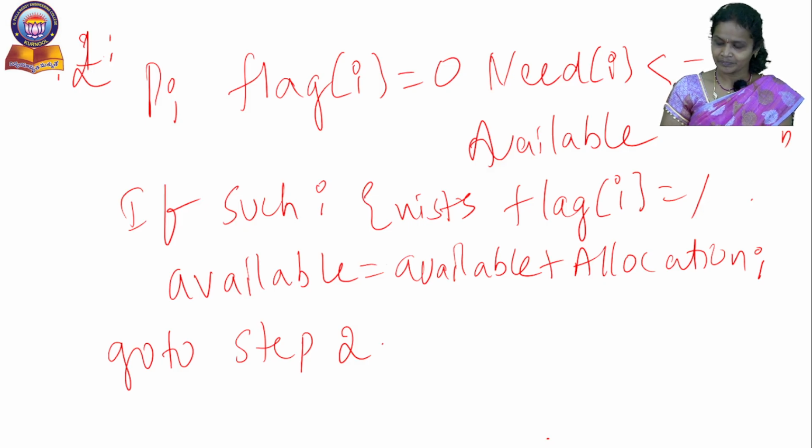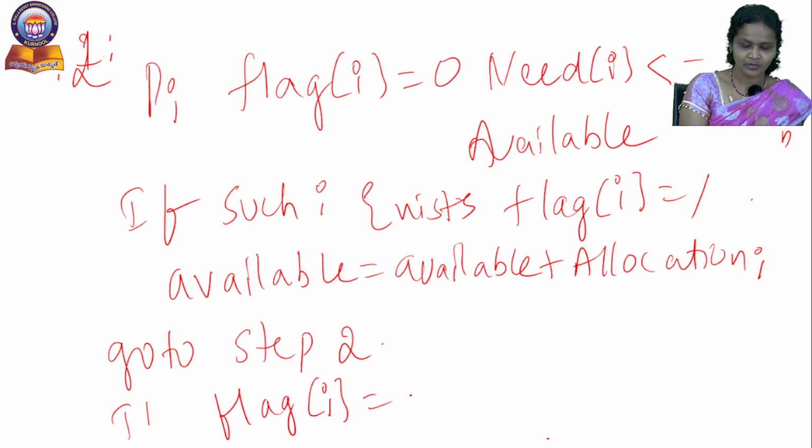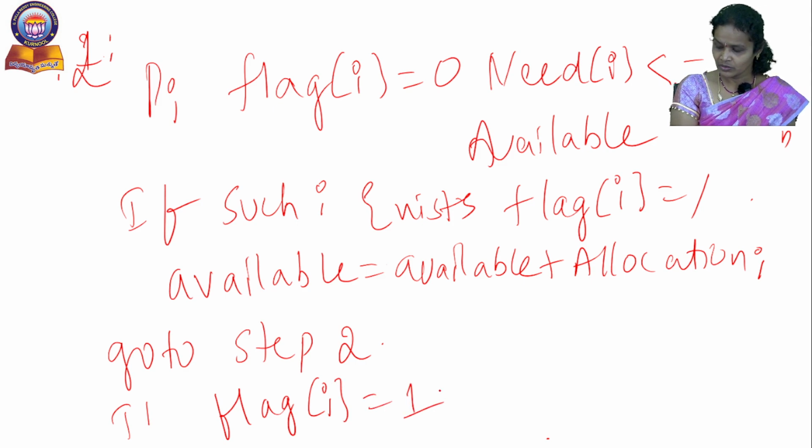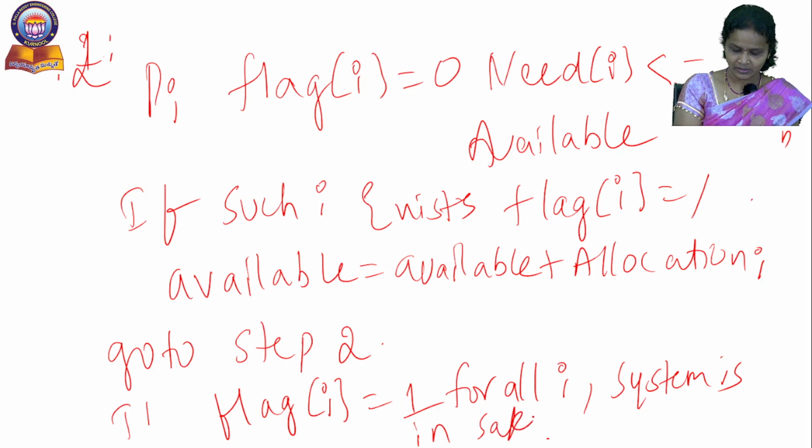After the flag of all the processes is 1, that is, if flag of I is 1 for all I, the meaning is that the system is in a safe state, otherwise the system is not in a safe state.